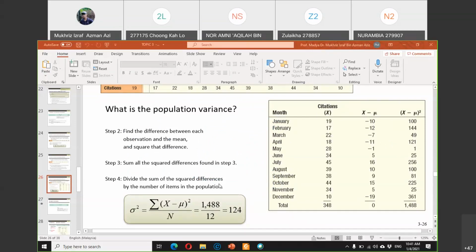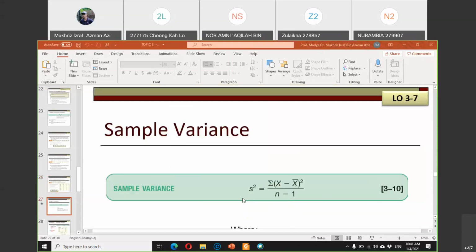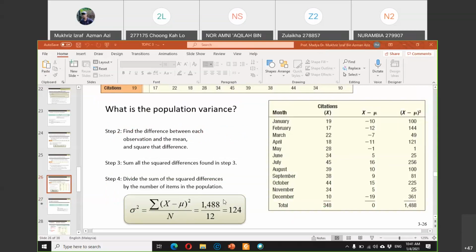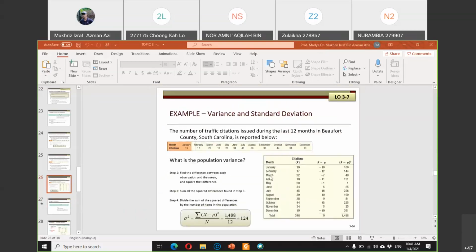So by right, standard deviation is the square root of 124. Then you will get the standard deviation. Of course, it is not shown in this slide, but if you want to calculate it, the standard deviation is the square root of 124. If you use your calculator, you can just press 124 square root, and you should be able to get the standard deviation for the population.